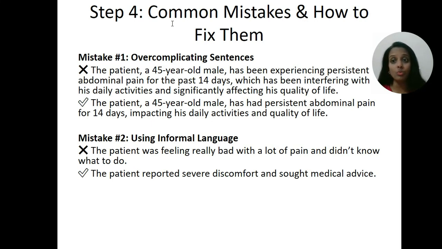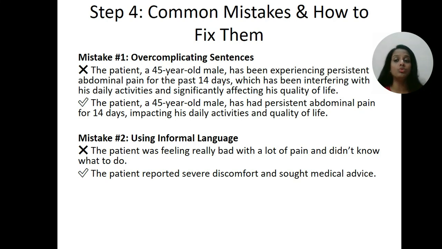So mistake number one is overcomplicating sentences. If you are saying, the patient, a 45-year-old male, has been experiencing persistent abdominal pain for the past 14 days, which has been interfering with his daily activities and significantly affecting his quality of life, this is an overly complicated sentence.